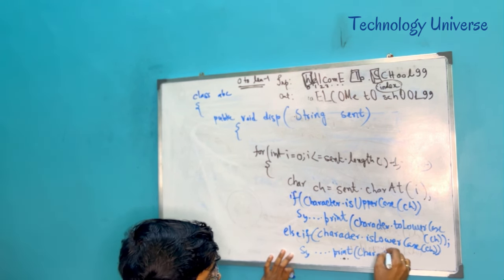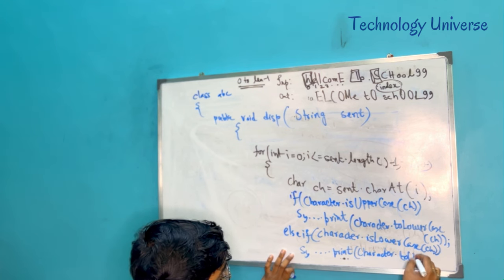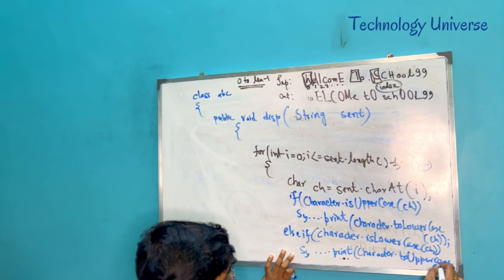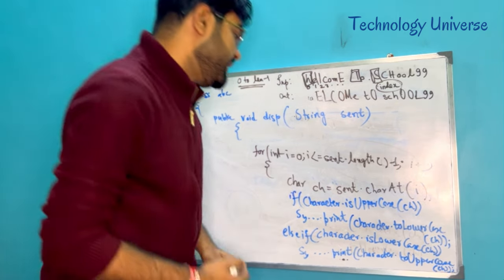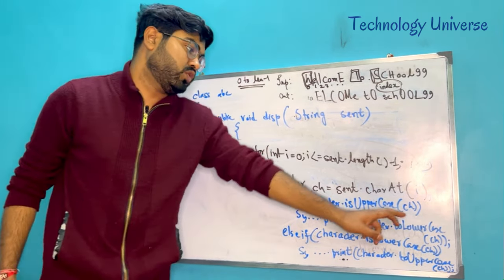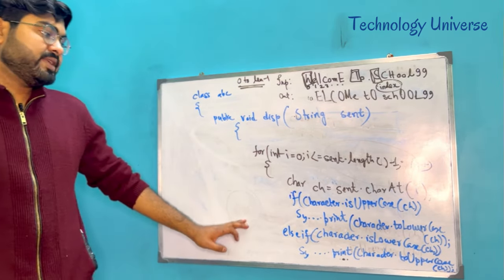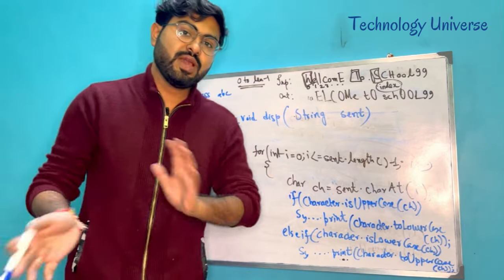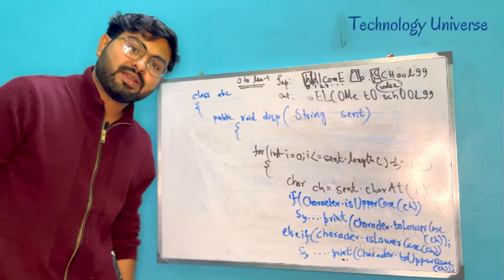Character.toUpperCase(ch). Okay, so if it is an uppercase character, we have to convert that to lowercase, Character.toLowerCase. If it is a lowercase character, then you have to convert to uppercase. So we have converted uppercase to lowercase and lowercase to uppercase with the help of the wrapper class method.